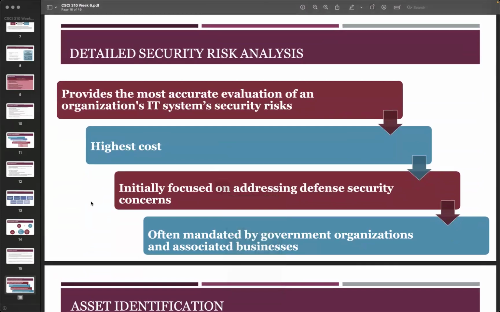For the detailed security risk analysis, we need to provide the most accurate evaluation of the organization's IT system security risk. This is always the first step. It should make sense, right? We need to know the system itself and what the possible risks are.